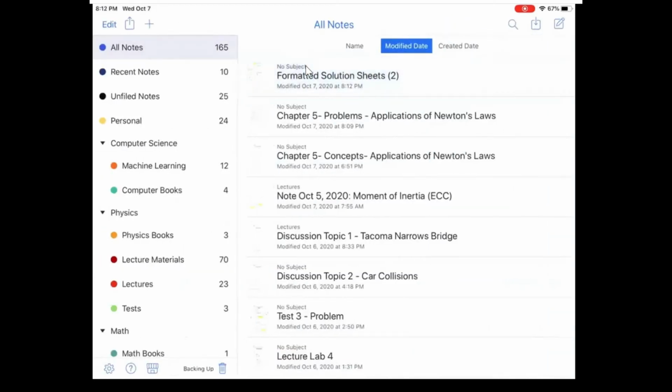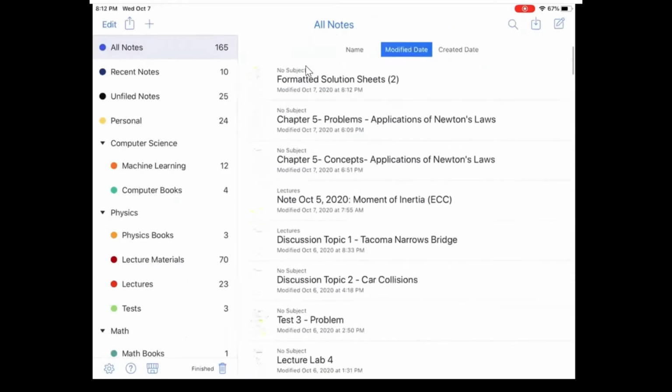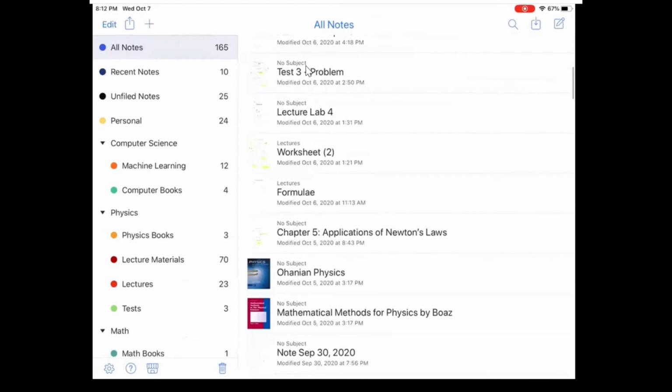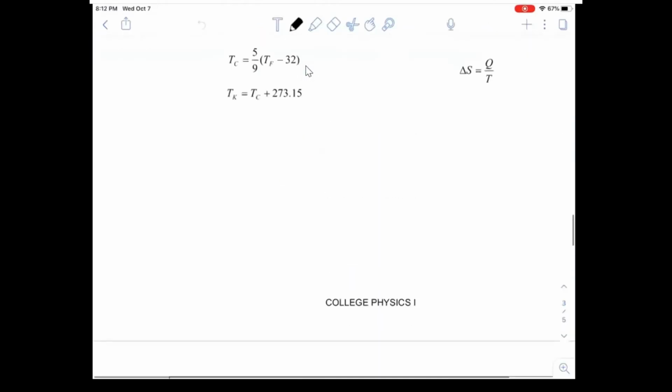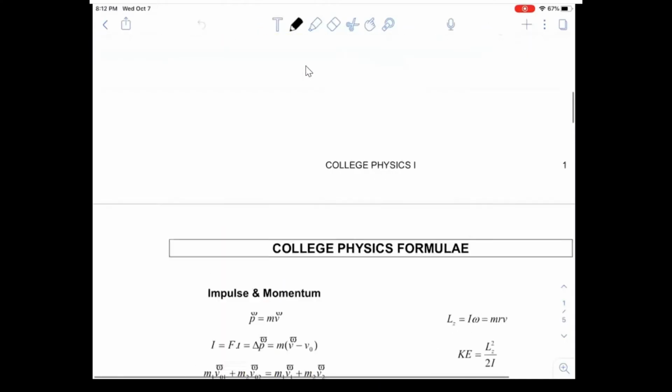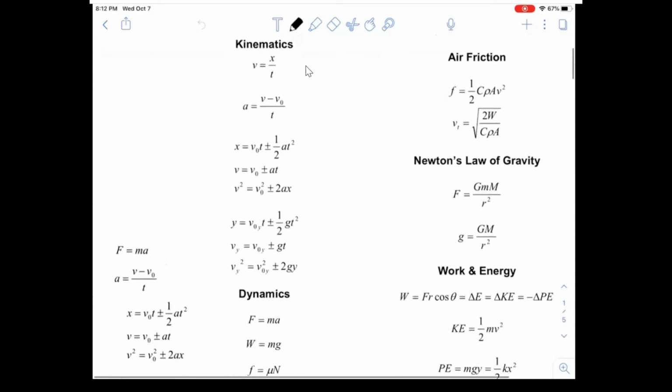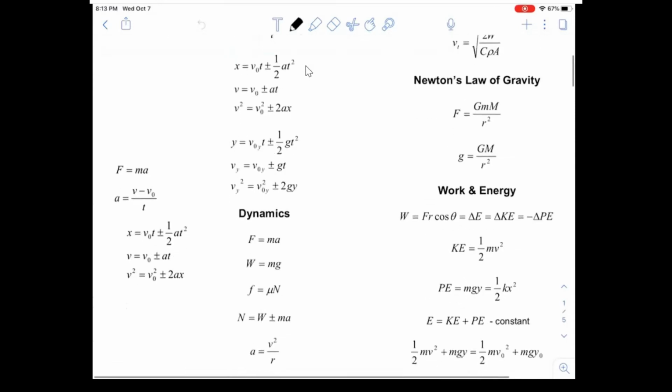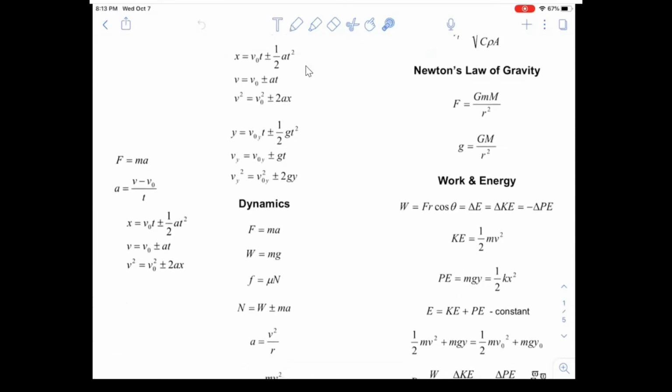I'm going to do formula hunting. Let me go to the formula sheet and pick some of the relevant formulas for this case. There's going to be a force, and acceleration, which is the average acceleration. This is the average force.